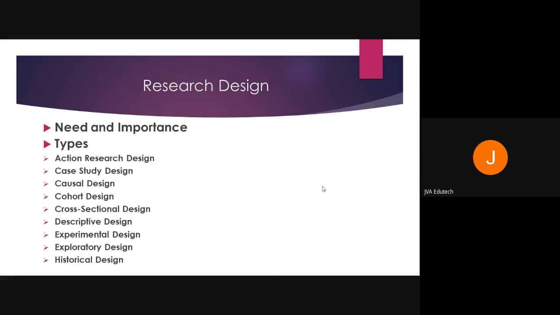Next one is the cross sectional design. When you try to study either one or many variables at one point of time. So all our social science researches that we do, let's say, what is the effect of advertising of a particular brand on shopping behavior?